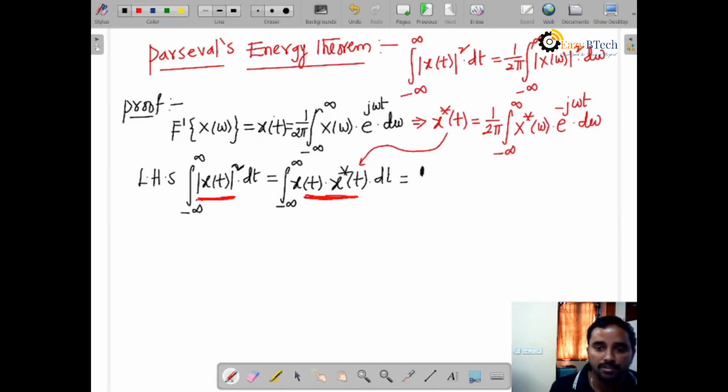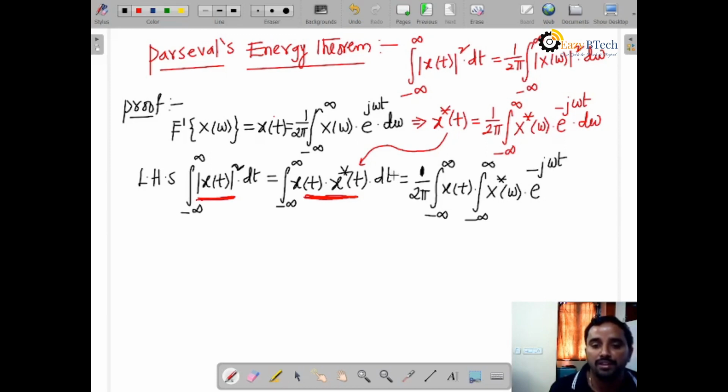So 1 by 2 pi is outside and the integral from minus infinity to plus infinity, and this x of t is as usual, only x star of t we are going to write. So what is x star of t? 1 by 2 pi, already I have written 1 by 2 pi, again the integral from minus infinity to plus infinity of x star omega e to the power minus j omega t d omega. This is the x star of t, and here we have dt.